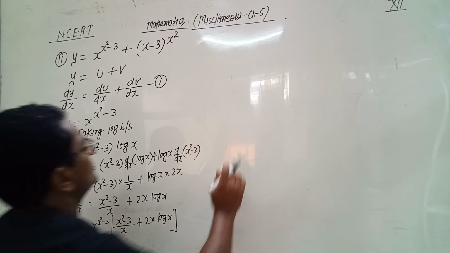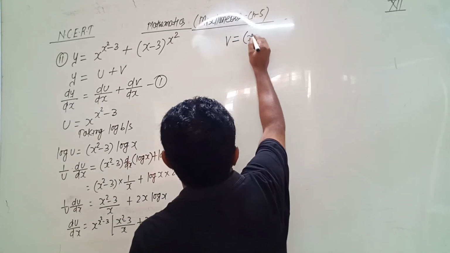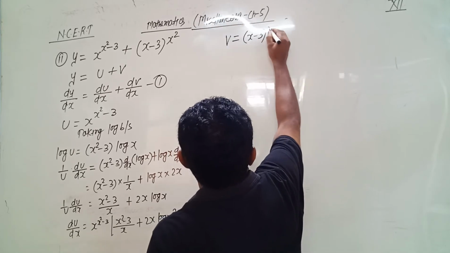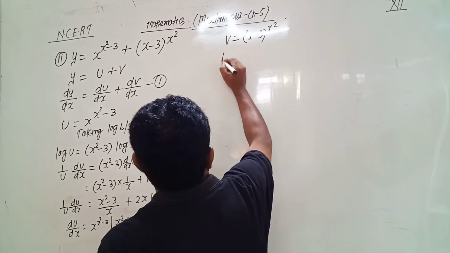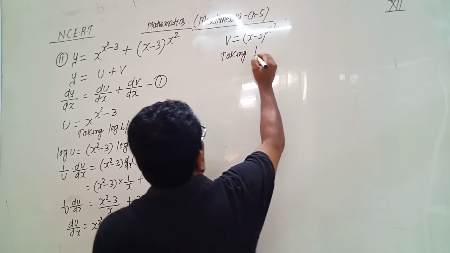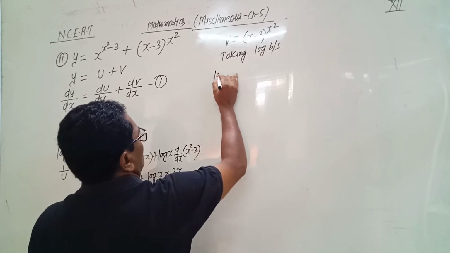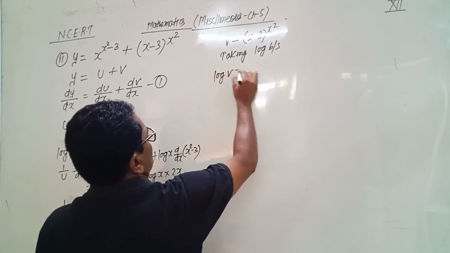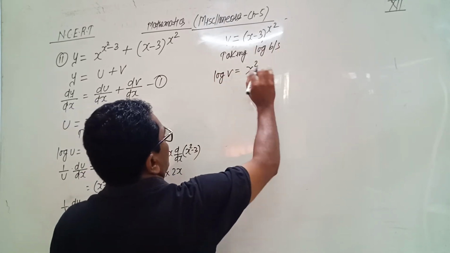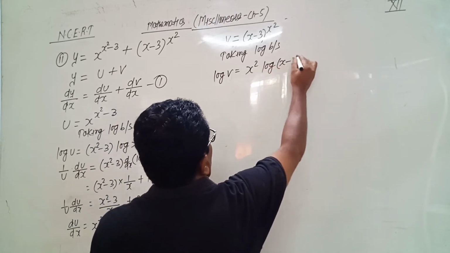So v equals x minus 3 whole raised to the power x square. Again taking log both sides, log v equals x square, power comes in the beginning, into log of x minus 3.